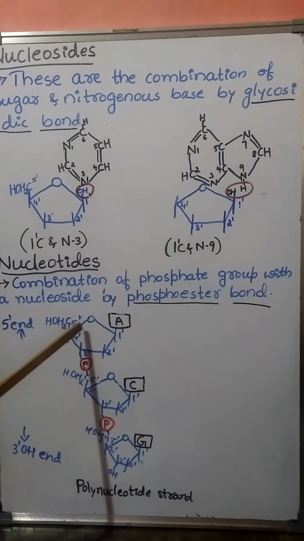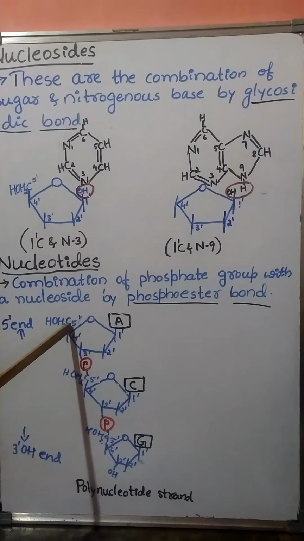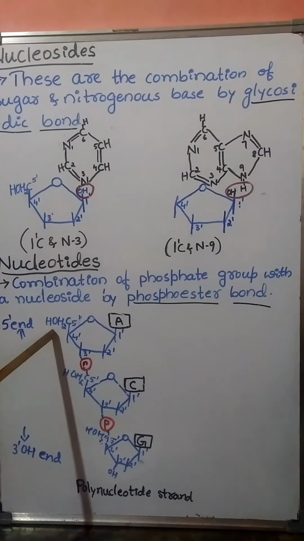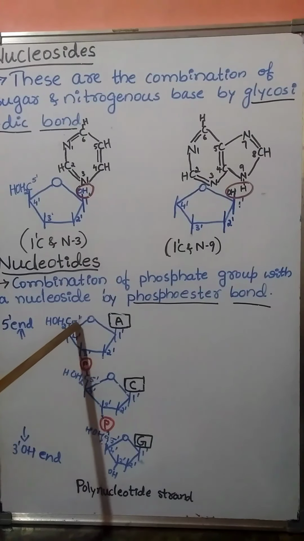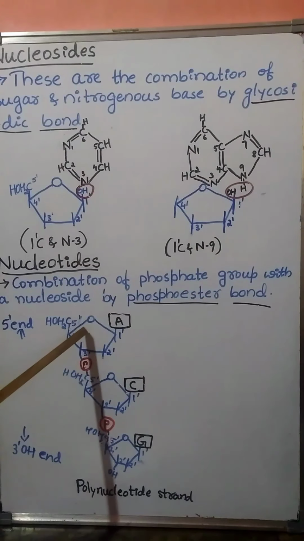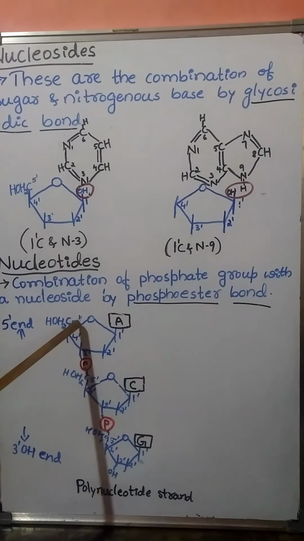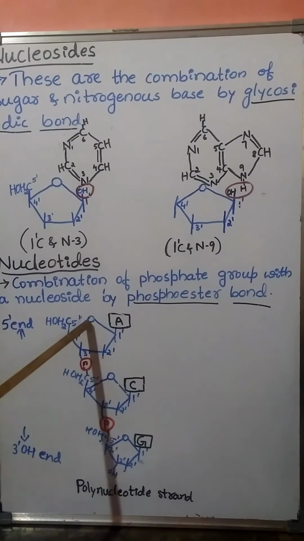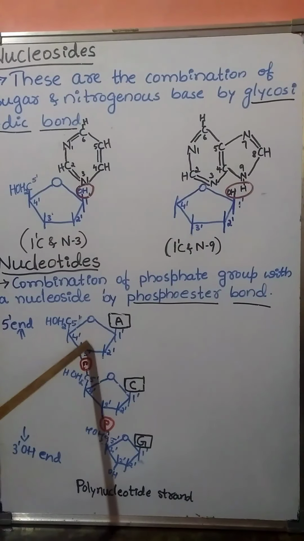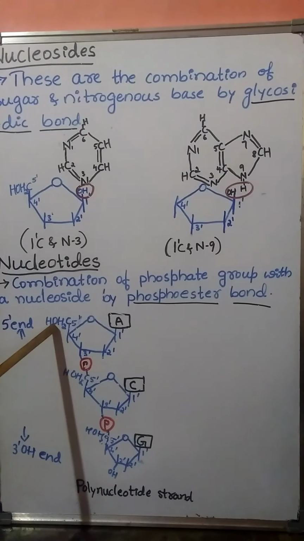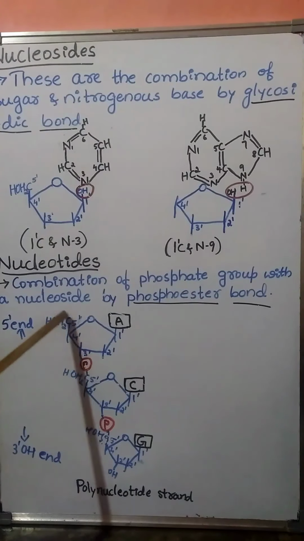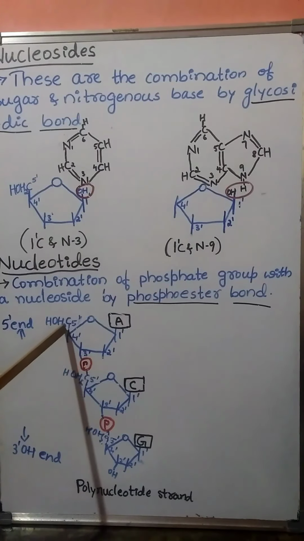One end of the polynucleotide chain contains a pentose sugar with a free OH group at the 5' end. See, this is one end of the polynucleotide chain containing a pentose sugar with a free OH group, meaning it is not attached to any other phosphate group or any other molecule.